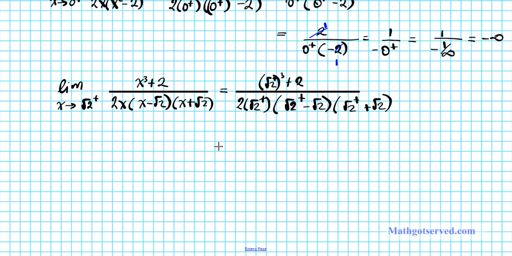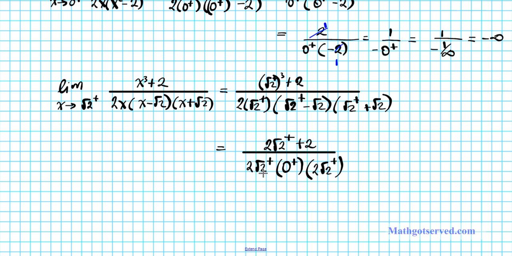Okay? Alright, we simplify this a little bit further. This becomes 2 root 2 from the right plus 2 divided by, let's see what happens here. This is also 2 root 2 from the right. And then if you carry out this calculation, you end up with a very small positive number. Okay? And then you can also add this as 2 root 2 from the right.